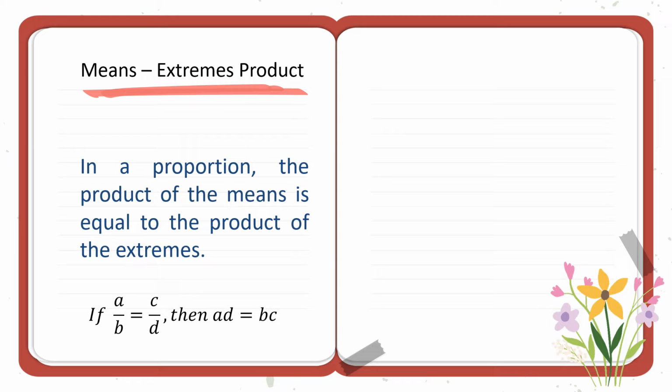If A over B equals C over D, then A times D is equal to B times C. This is just the cross multiplication.